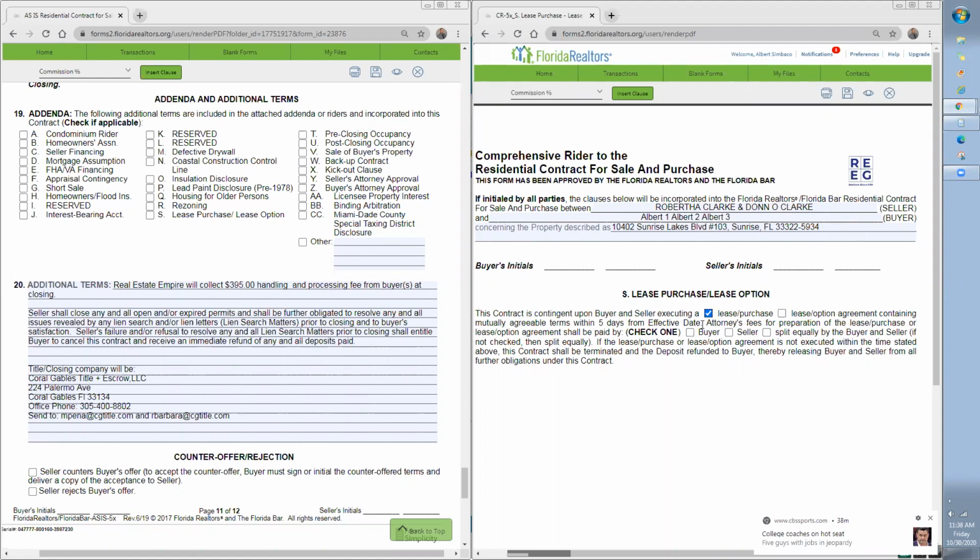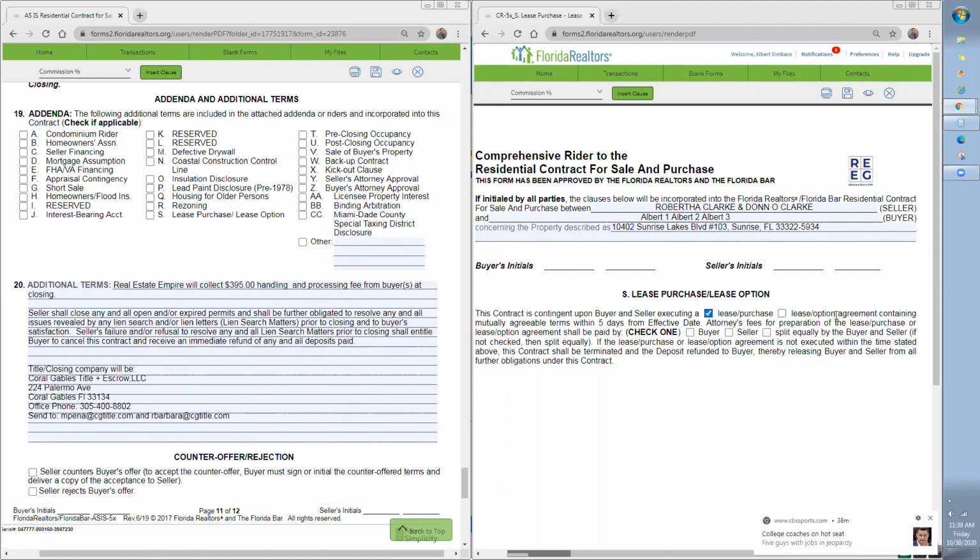If the person wants to lease it for 2 years and the property value has dropped in 2 years, it doesn't matter. They need to purchase it for the amount that the offer is, or vice versa. If the client leases it for 2 years and the price of the property has increased, the seller may not increase the price that is being offered and accepted at the moment. That is the lease purchase.